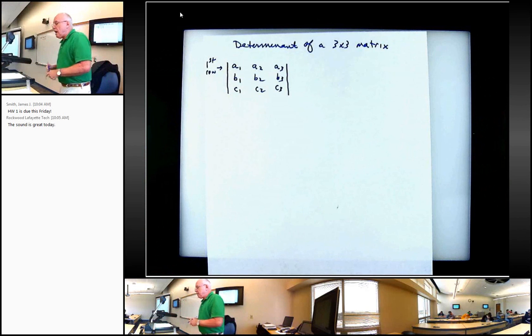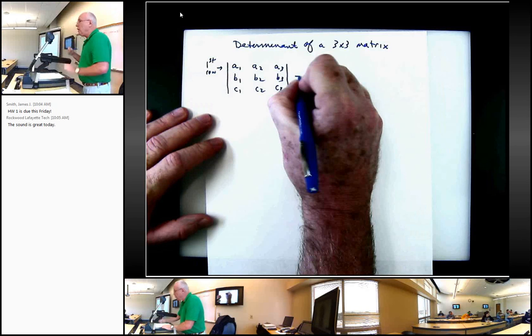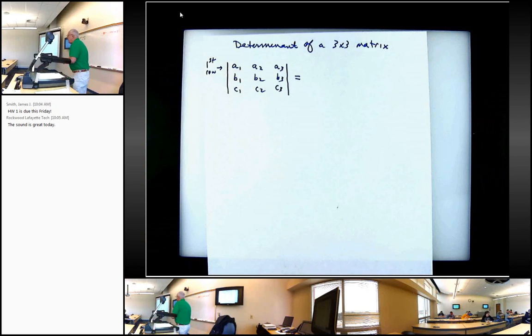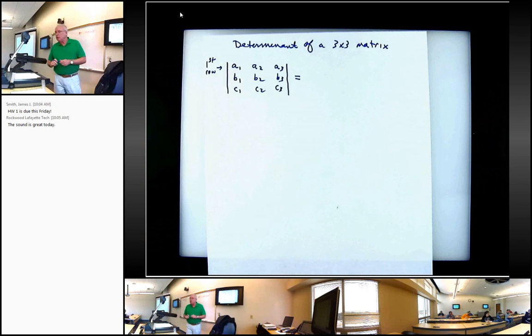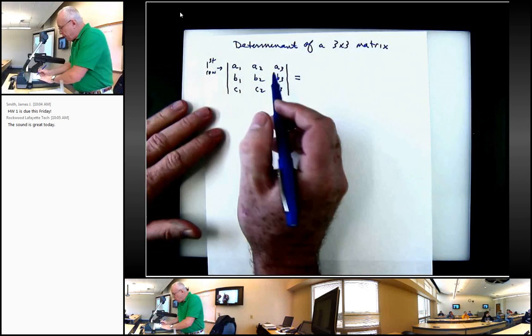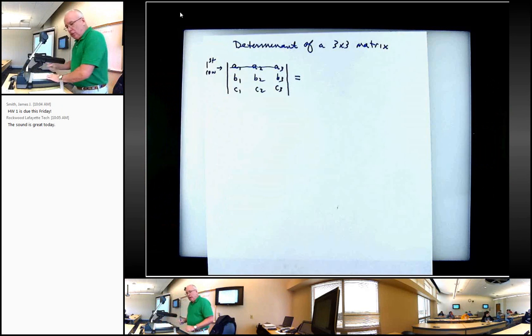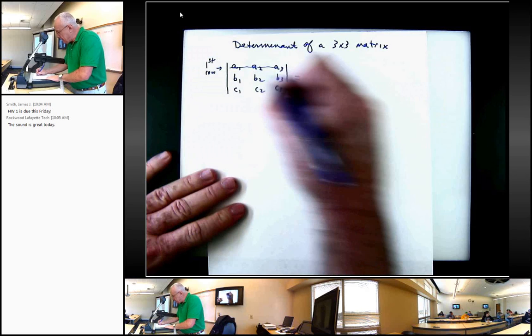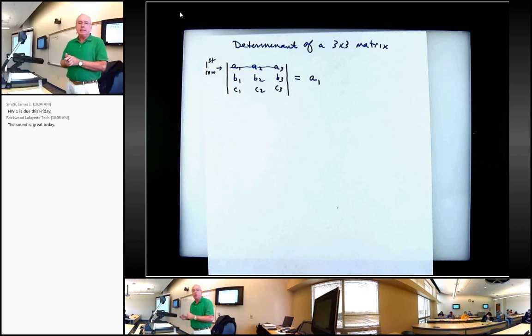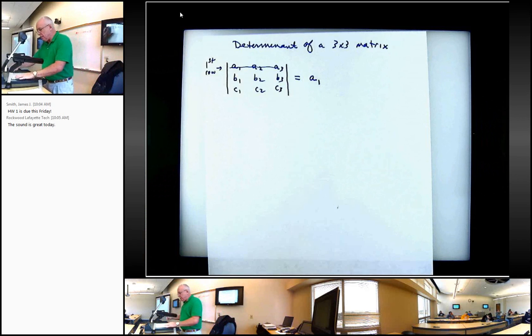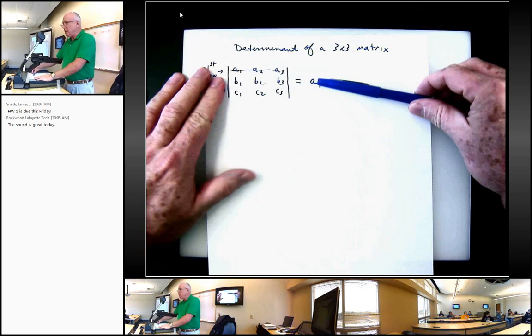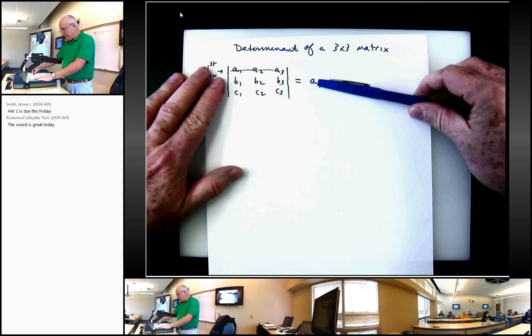So this is the 3 by 3. Okay, now I'm going to show you one way to get the determinant. It is true that there are other ways to get the determinant, but I'm just going to show you one way. All right, what we do here is we go across the top row. And we start here with the first element in that top row, which in this case we're calling A sub 1. What we visually do here with this element, we write whatever the element is, and we're going to multiply it by something.